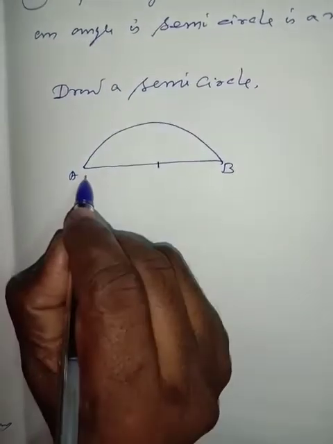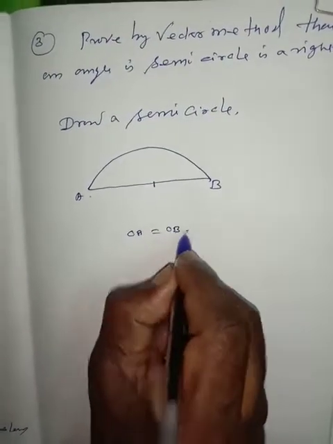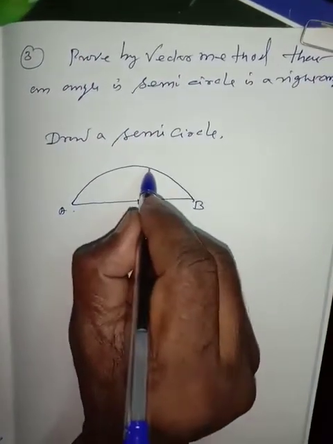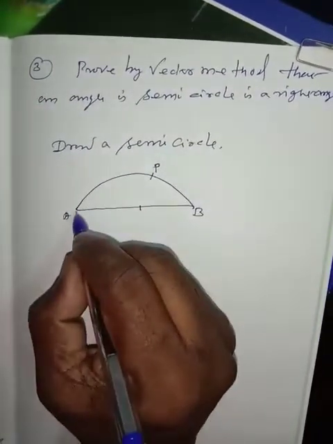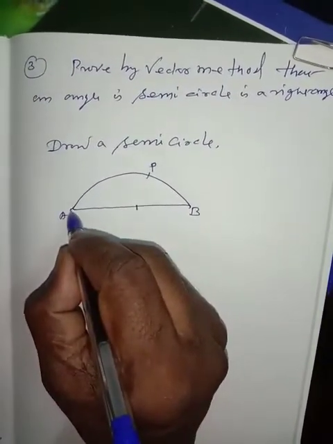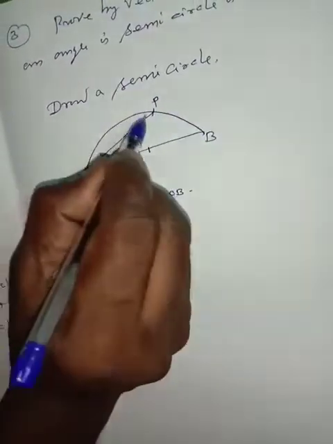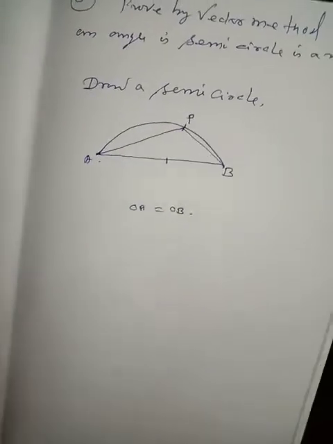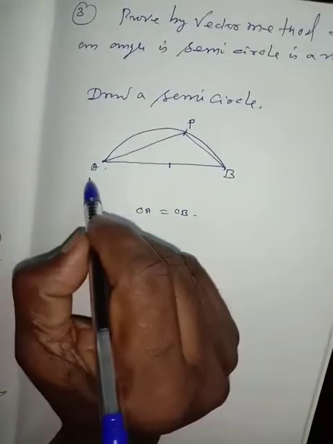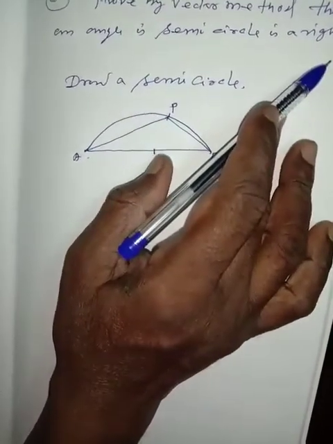So OA is equal to OB. Take any point P on the semicircle. Join AP and BP. To prove angle APB is 90 degrees, then it is a right angle.